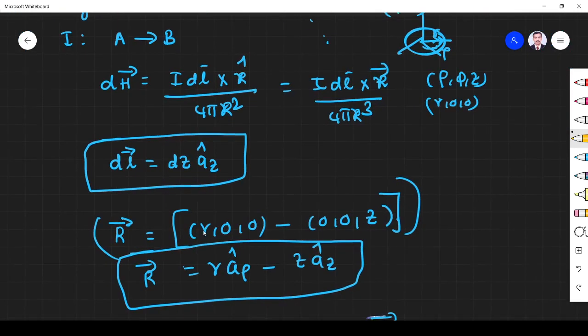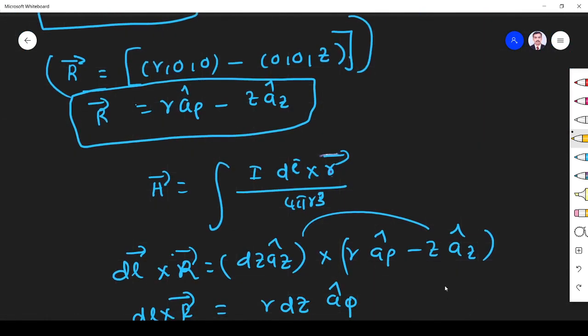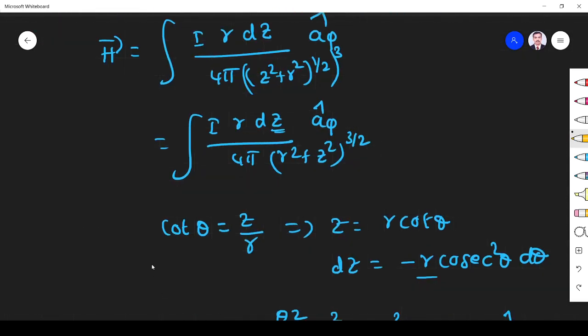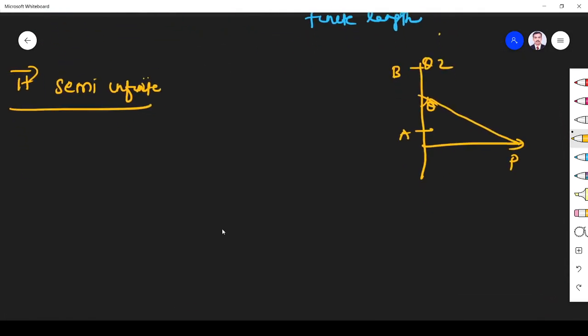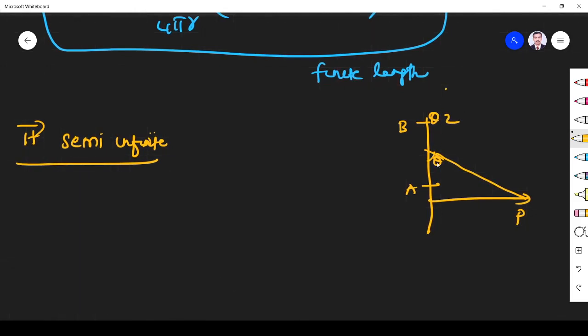So when I make the length of the conductor semi-infinite, A should go to 0 here and B should go to infinity. So A will be at 0, 0, 0 and B should be at 0, 0, infinity, right? So here, if we start from here, it is angle 0 degree, and when A comes here, it is perpendicular to the point, so the angle is 90 degree.